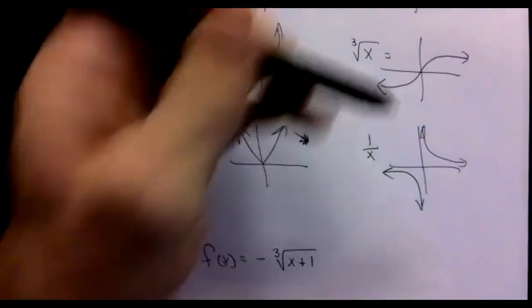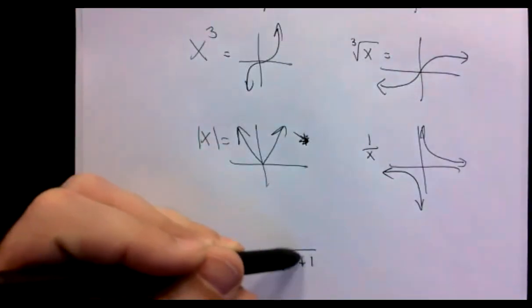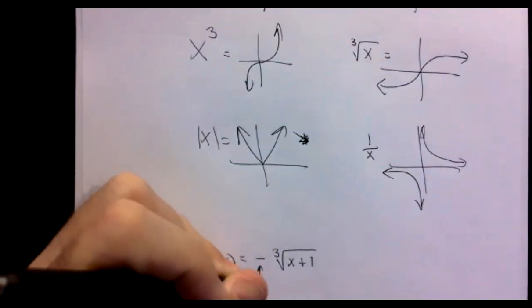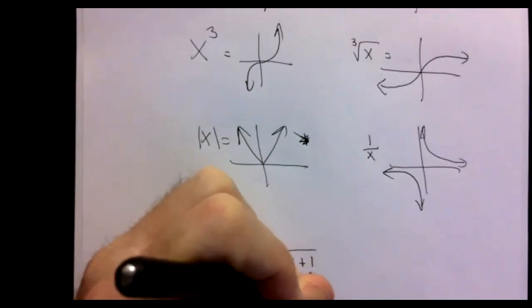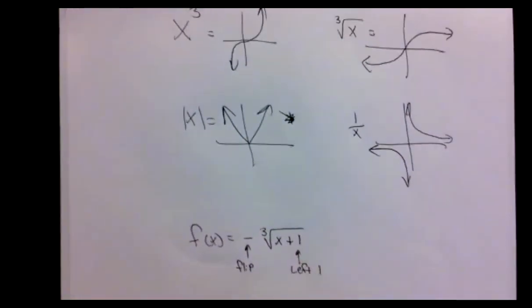The negative is going to flip it vertically. And then this plus 1, inside of the radical, is going to shift us left 1 unit. So this is going to flip, and this is going to make us go left 1.